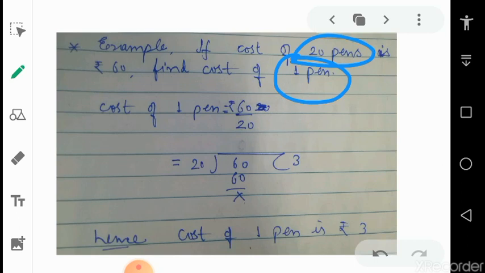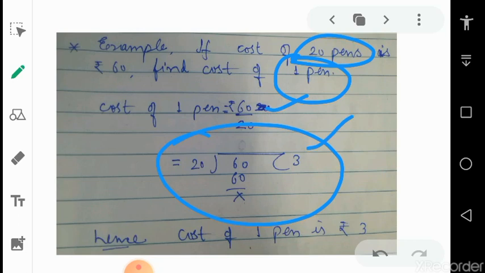Now the cost of one pen is rupees 60 upon rupees 20. Here, according to the division process, we will write the dividend and divisor in this way. 60 is the dividend and 20 is the divisor. As we know the table of 20, actually 20's table is very easy. 20 times 3 is 60.